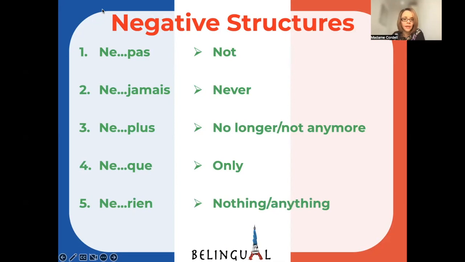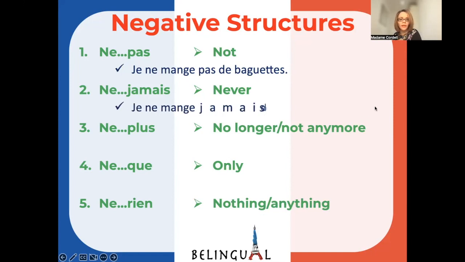Okay, so let's take a look now at some examples for ne pas. So the first one is je ne mange pas de baguette. Donc on peut voir ici, on a le sujet, le verbe et le complément. And we've sandwiched the verb here with the ne and the pas. Okay. Next one is je ne mange jamais de baguette.